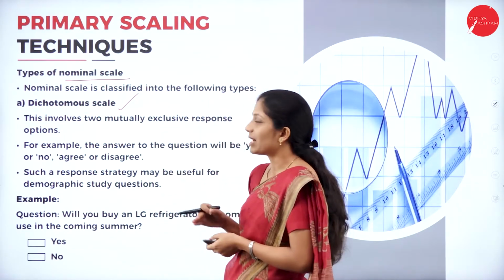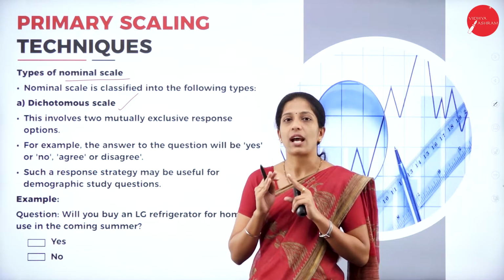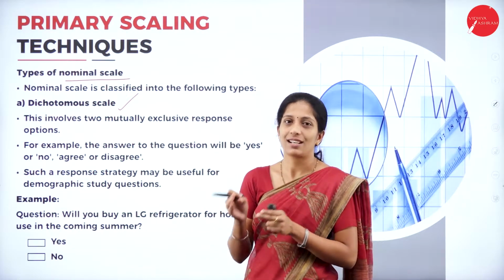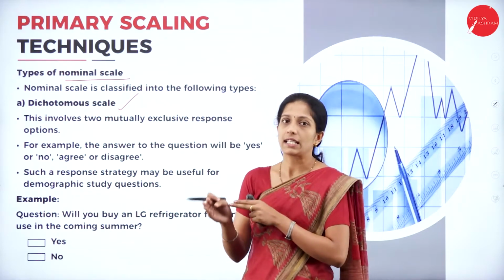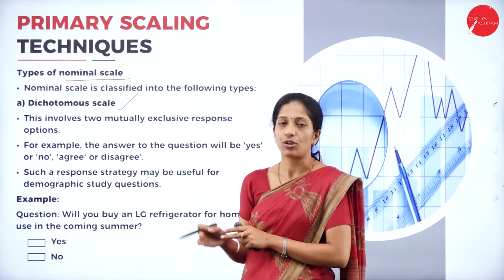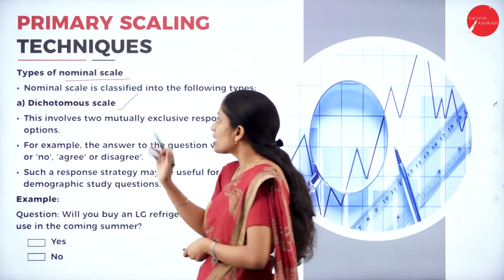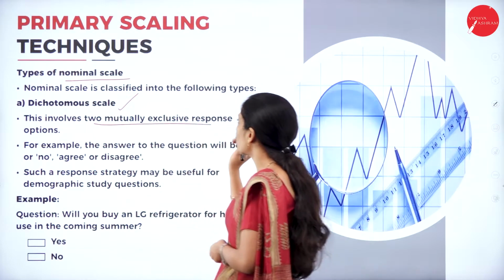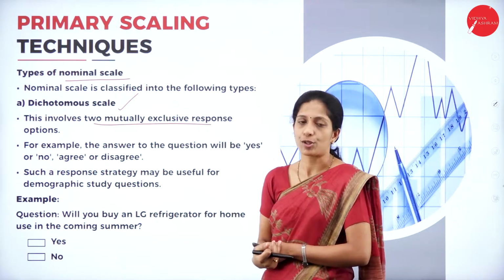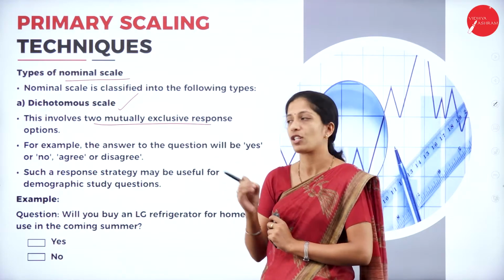But in dichotomous there are no many options, only two: one positive and one negative, such as yes or no, agree or disagree. The respondent has to select any one of them. So this involves two mutually exclusive response options.